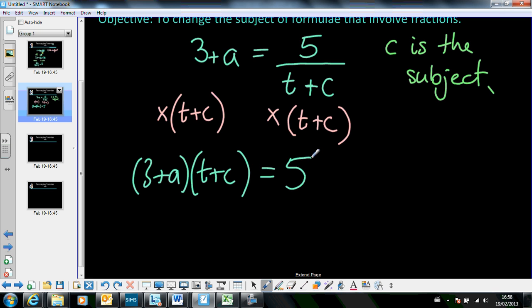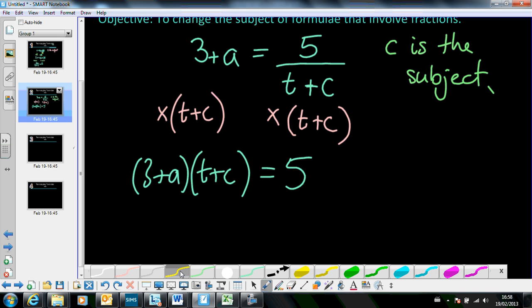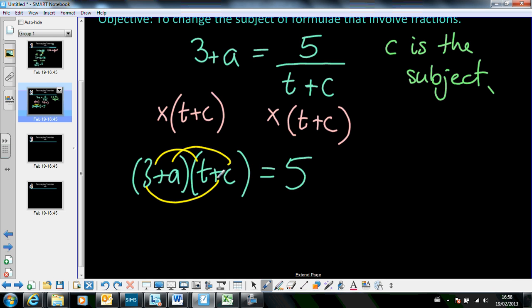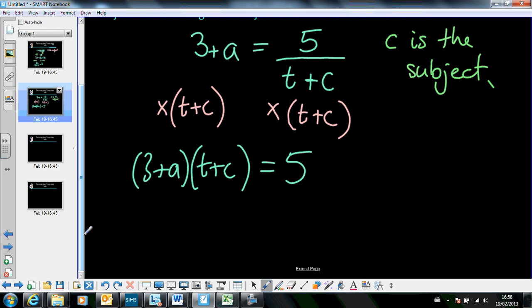Now, some of you might want to start multiplying this out first and last, or whatever it is you normally do. Resist that temptation. In fact, another good rule of thumb is unless you have to multiply out, don't. So I'm not going to expand those brackets.